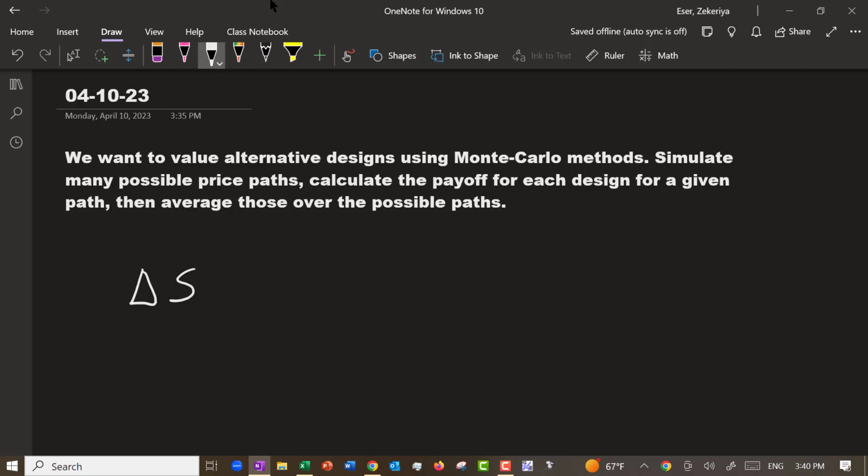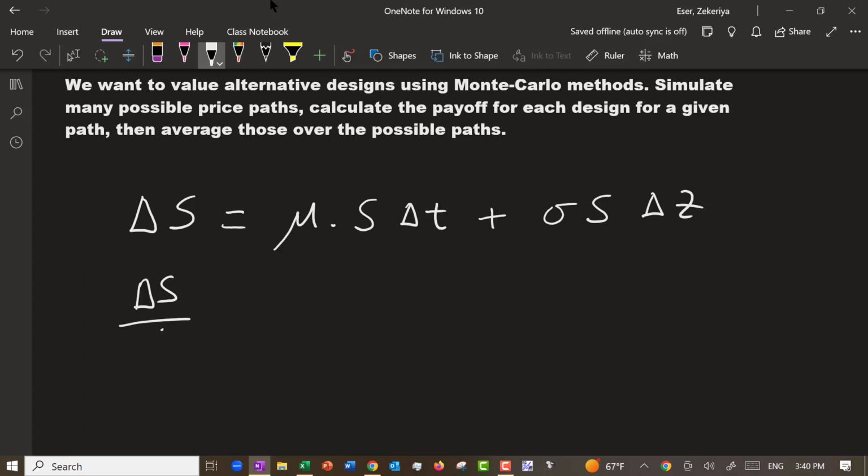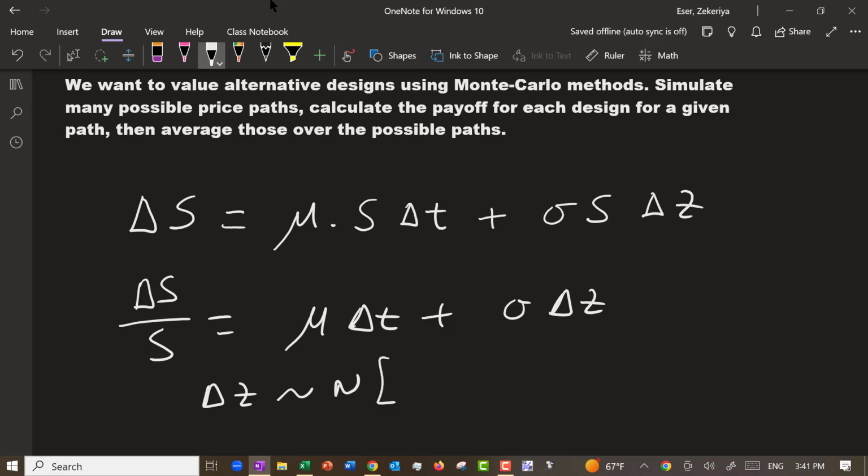Change in the price is equal to some sort of mean times S delta T, or percentage change, plus sigma times delta Z. Delta Z is a normal distribution with a mean of 0 and standard deviation of square root of delta T, where delta T is basically our sampling length.